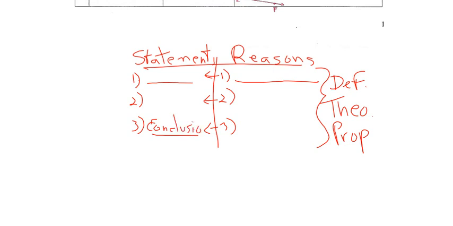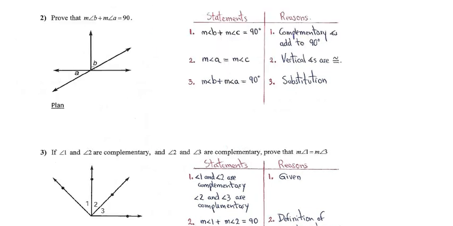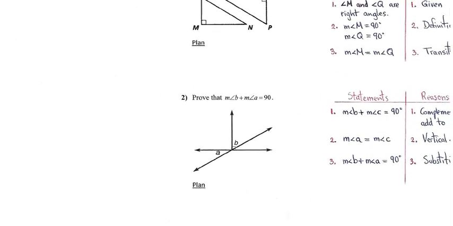So we're going to see examples of these today so that you can understand a little bit of what I'm talking about. So we're going to go to page number 2. The proofs here are already done.